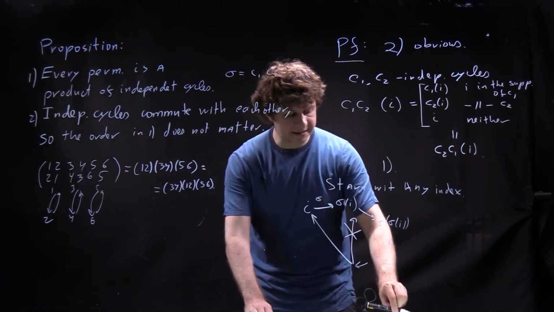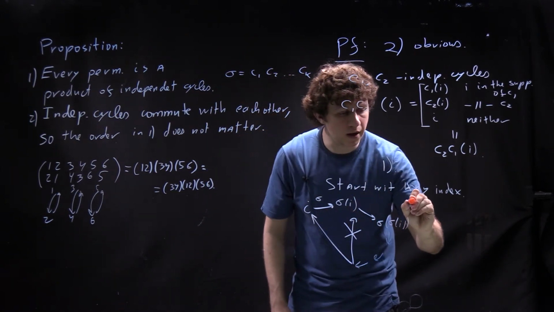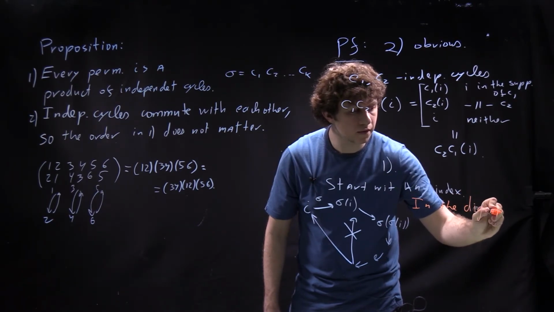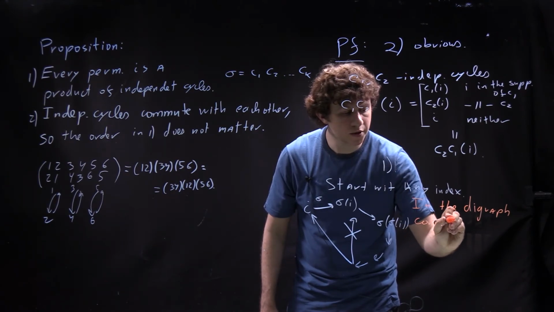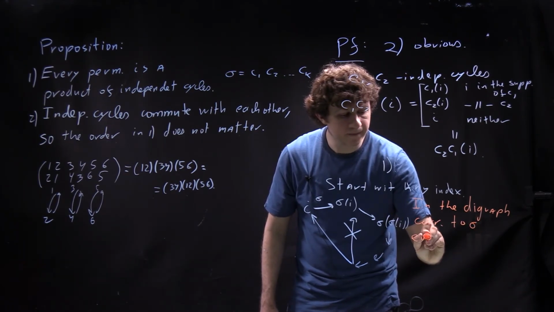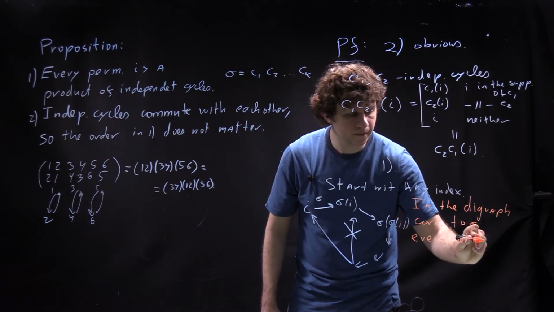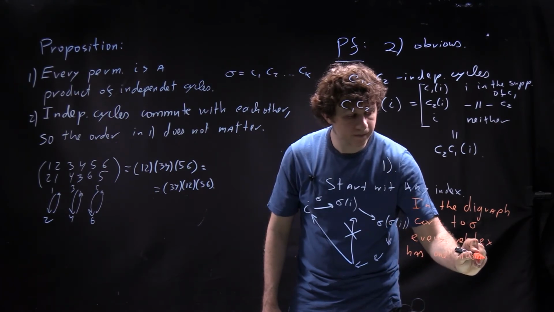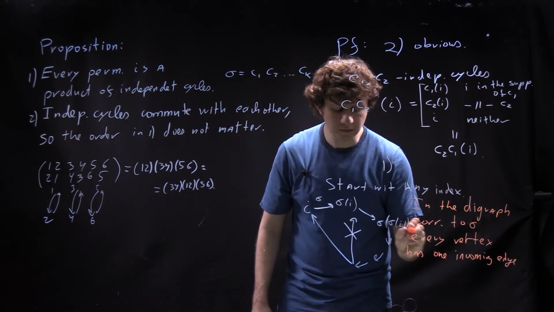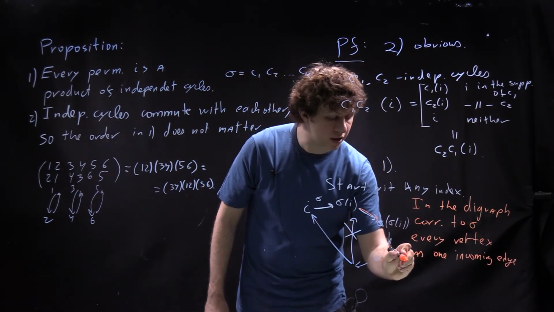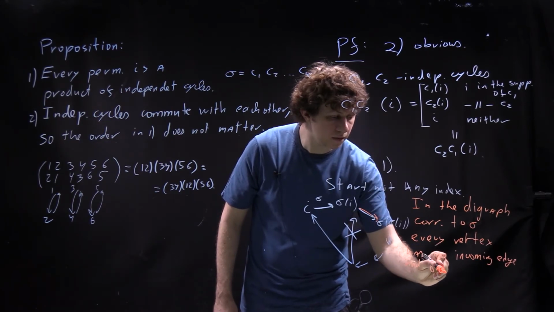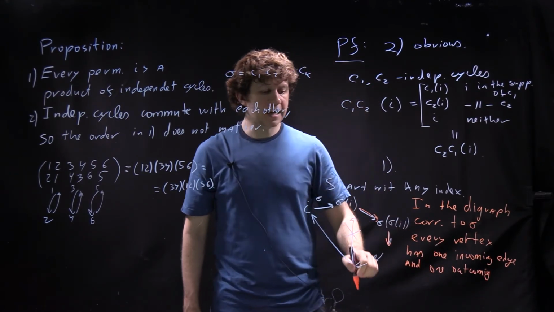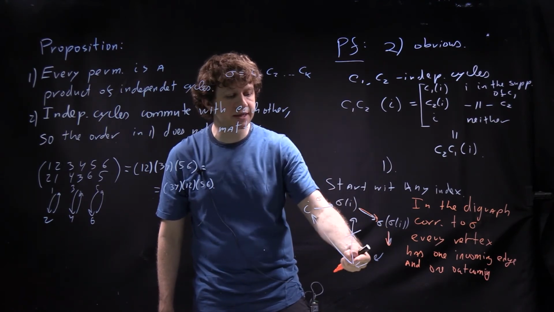In graph theoretic terms, in the directed graph, digraph, corresponding to sigma, every vertex has one incoming edge and one outgoing edge. That's the reason why the cycle has to end.